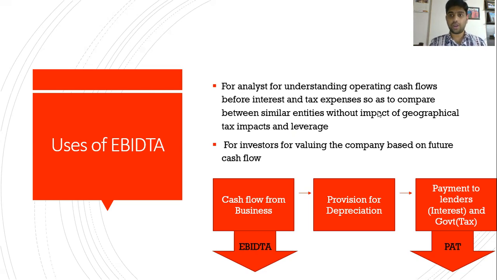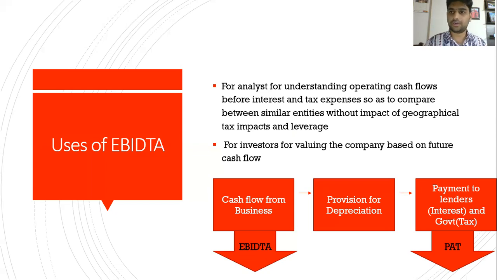So I just told you how the cash flow progress is explained here. If you see, the cash flow from business is actually EBITDA. On that, we will reduce provision for depreciation and amortization, which is a provision based upon the life of the asset that we are using. We have so many fixed assets for a long period of time, and for this long period we need to give a provision for depreciation.